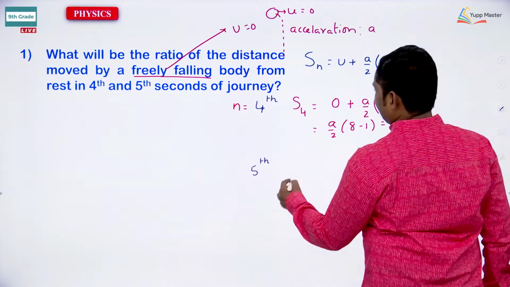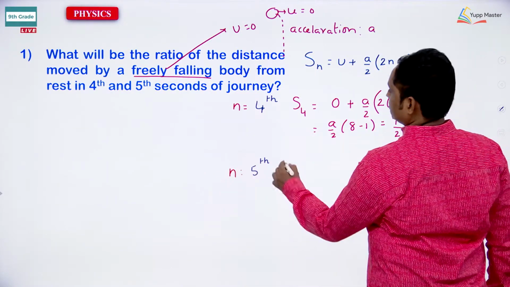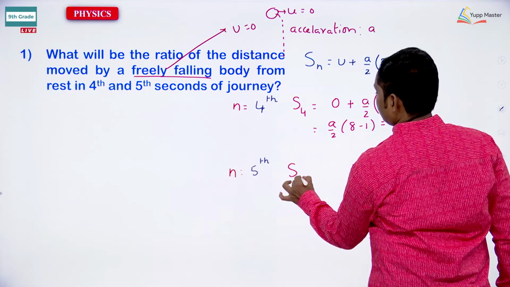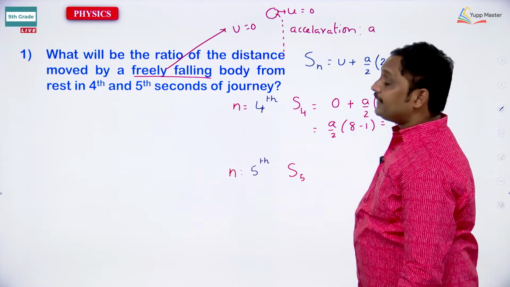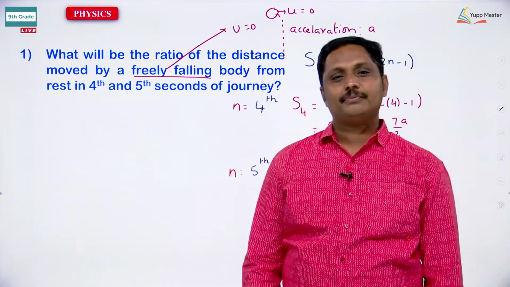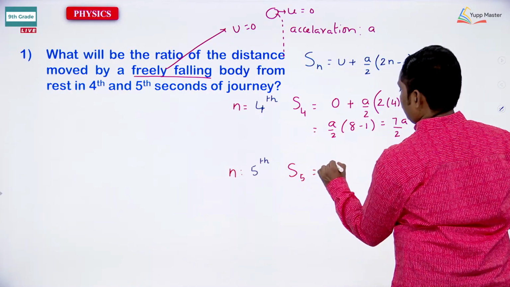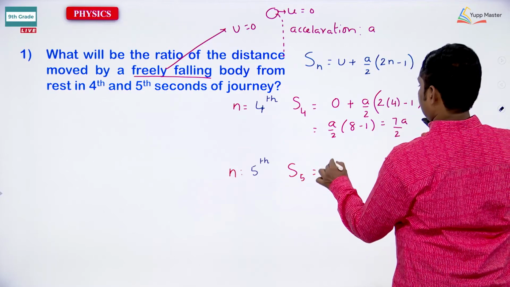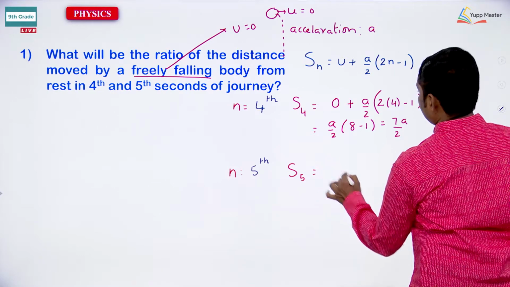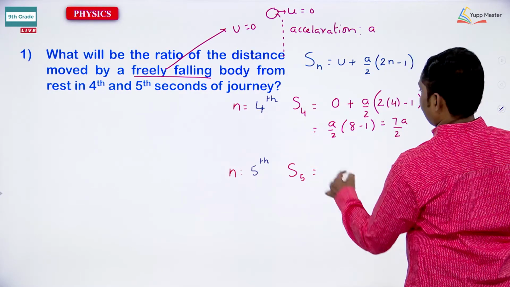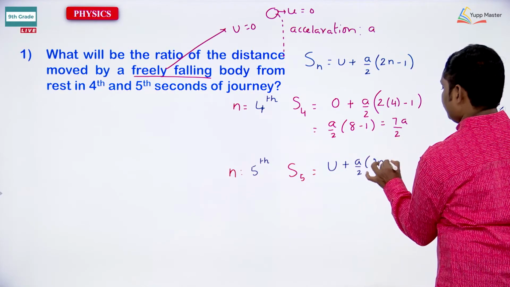Now, you can take S5. Your aim is to calculate the distance moved by a freely falling body in the 5th second. It has been calculated: u plus a by 2 into (2n minus 1).